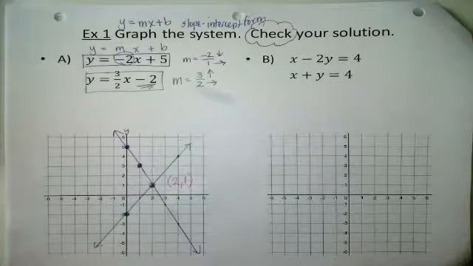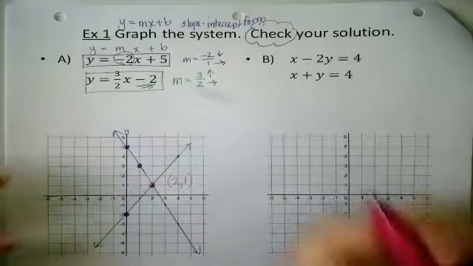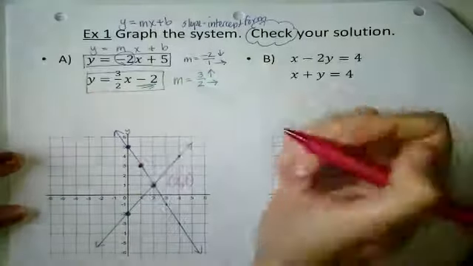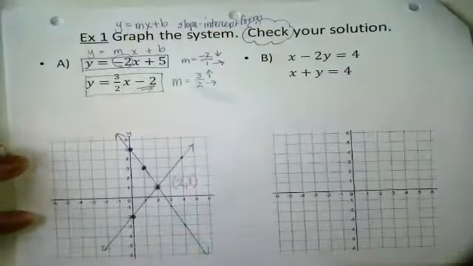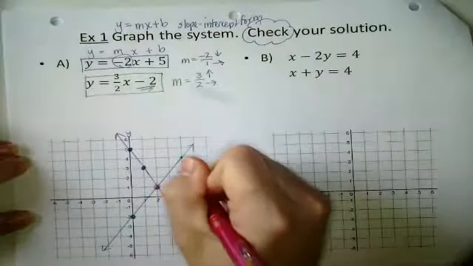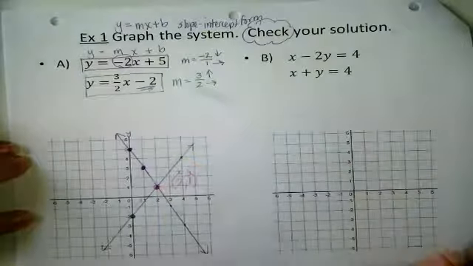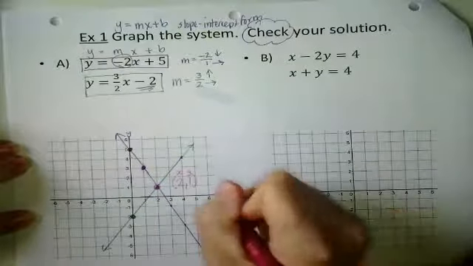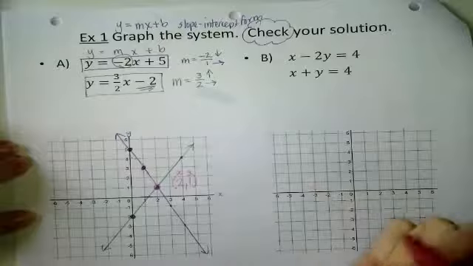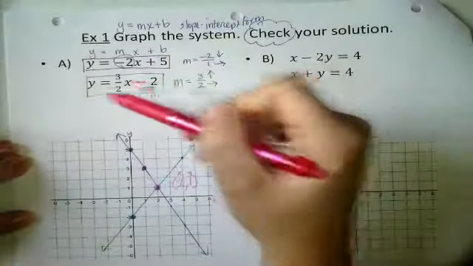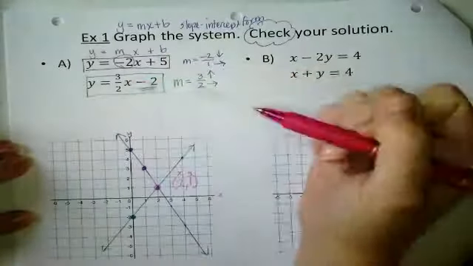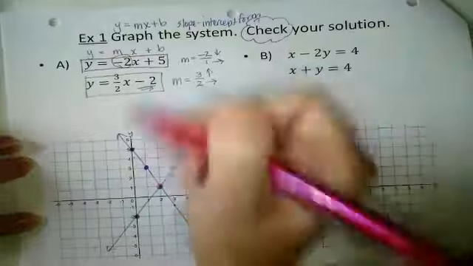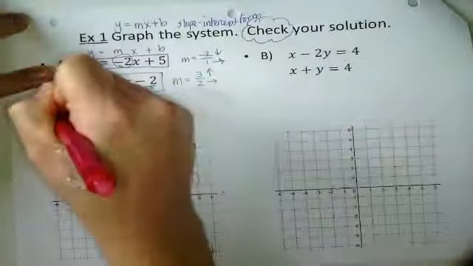I want to show you how to check. To check, you need to check both equations. This is a solution for x and a solution for y. It's an x-y ordered pair, x being the horizontal axis, which means if we want to check, we plug in the x and the y value in each equation. I'm going to check my purple equation right here.